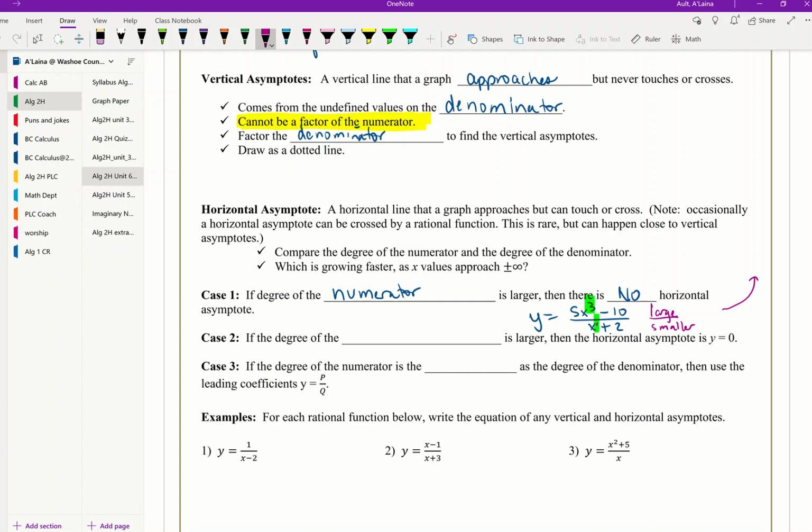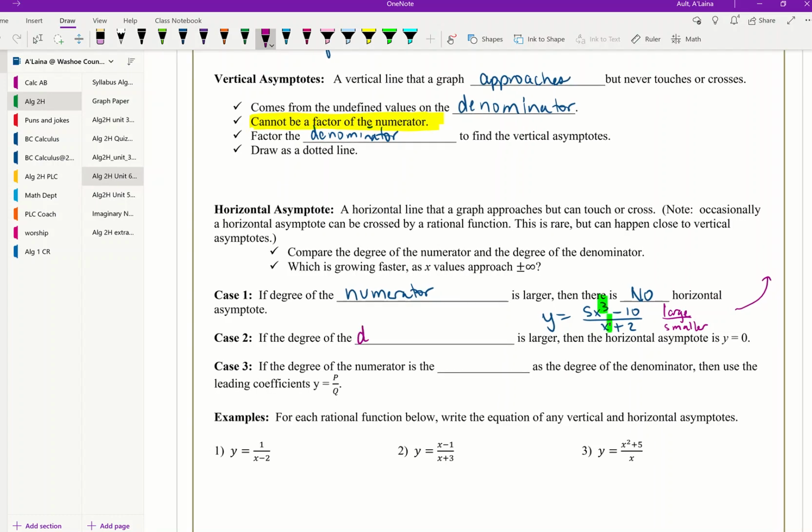However, if the degree of the denominator is larger, then the horizontal asymptote will be y equals 0. That'd be like, let's just take our last example, but switch the numerator and the denominator. This one, we have a cube on the denominator and only a power of 1 on the numerator.